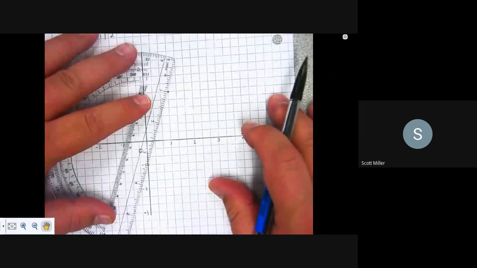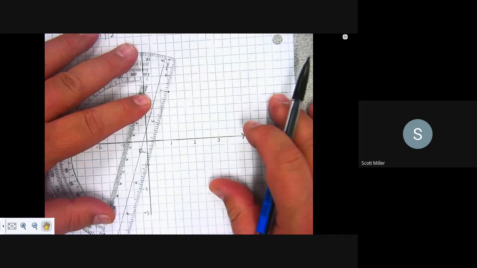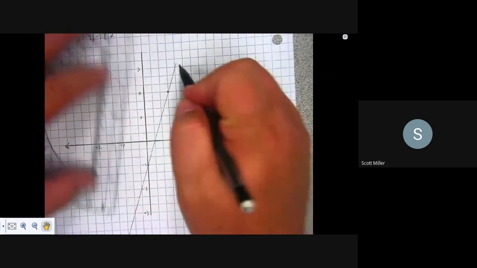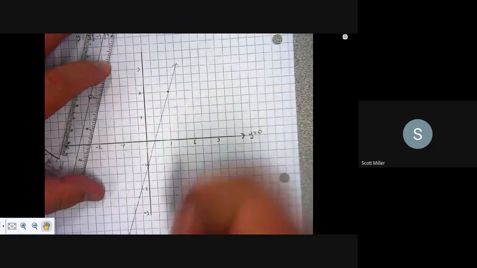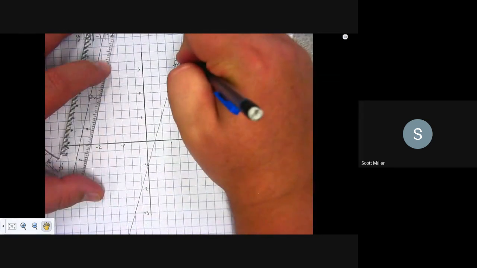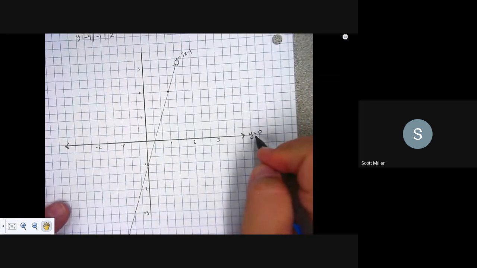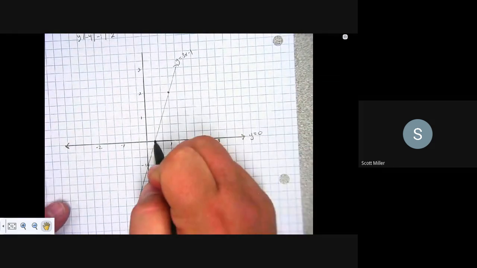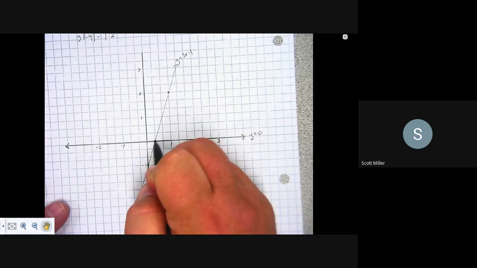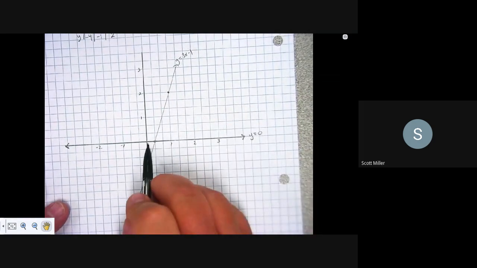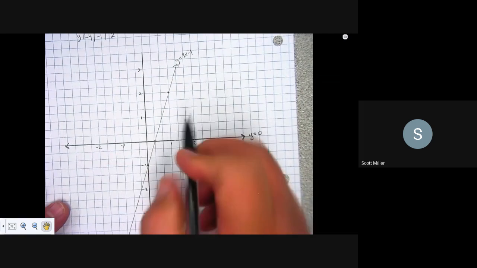We line everything up nice and neat. Once you have it lined up, draw your line. This is y equals 3x minus 1, and this was y equals 0. I can see that they're going to intersect right there. That point, which we're going to name, as you can see, 1, 2, 3, is 1/3.